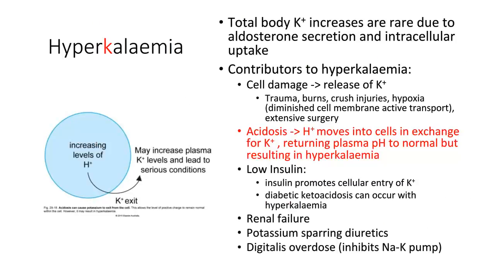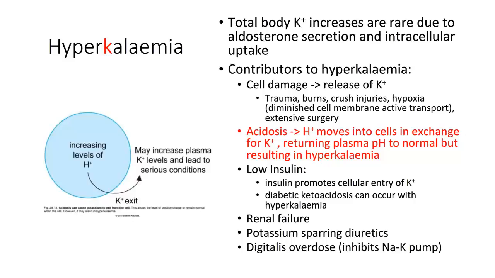Now, because of the action of aldosterone on potassium, we don't often see hyperkalemia. But if there is a contributor to hyperkalemia, it's usually because there's been some cellular damage that has released the potassium from inside the cell, where it's normally in the high concentration, to the extracellular space.